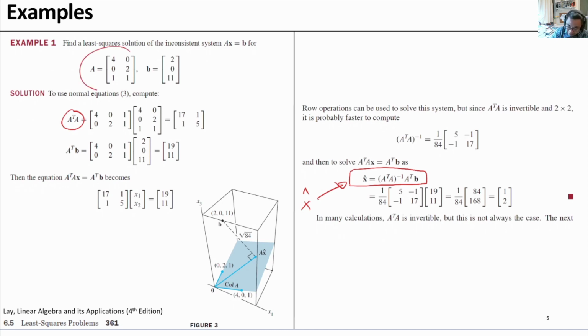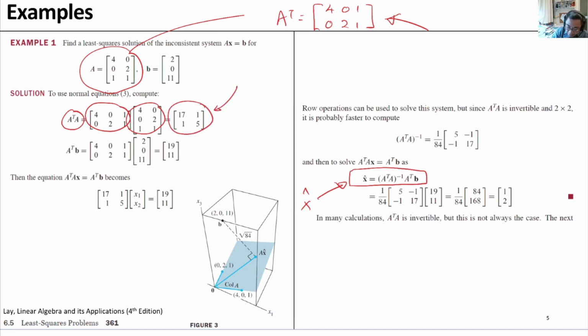Given A, we will find A transpose, which is rotating or tilting the columns of A into rows, like so for A transpose. Once we have found A transpose, we can multiply by A to get A transpose A.